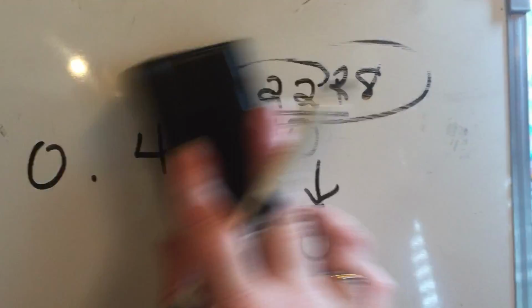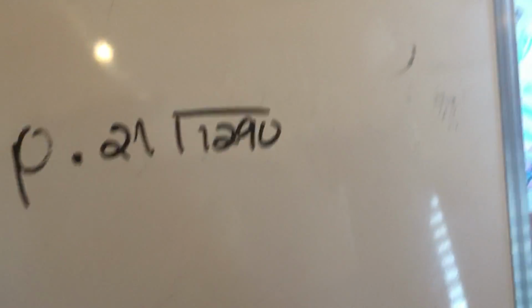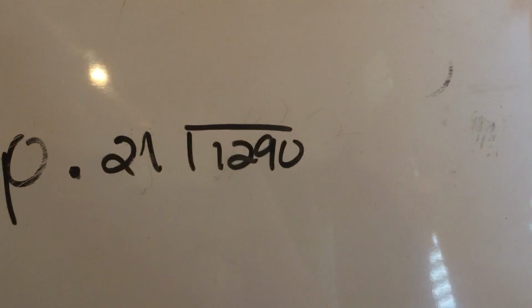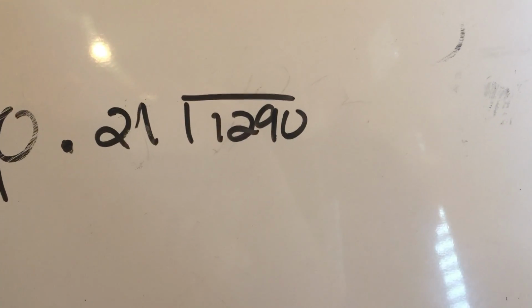And the last problem I have is P, 1,290 divided by 21. Okay, 21 will not go into 1.